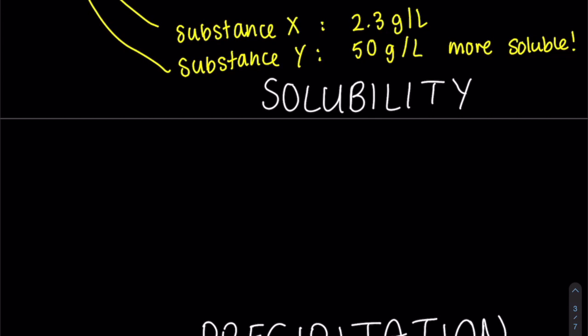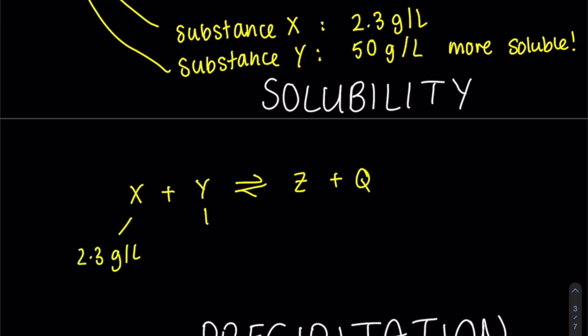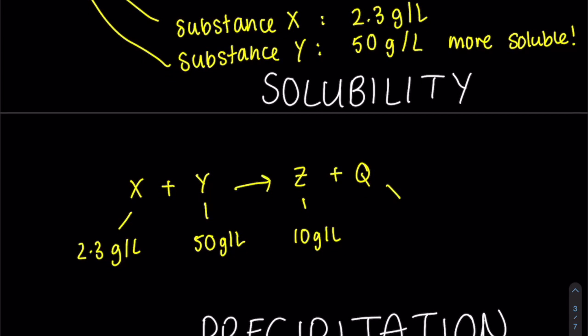So say, for example, I'm going to make up a whole bunch of numbers now. X plus Y gives us Z and Q. Let's say, like we've got up here, we have 2.3 grams per litre for X, a solubility of 50 grams per litre for Y, Z has a solubility of 10 grams per litre, and I'm going to make this not an equilibrium reaction, just for reasons, and Q has a solubility of 0.003 grams per litre.